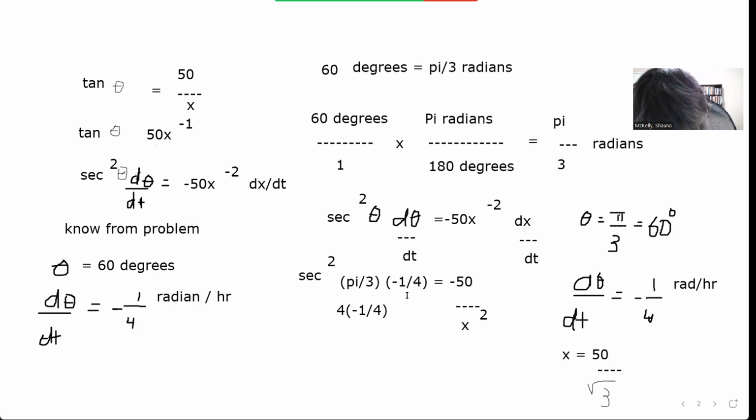So now x, remember, was the rate at which the shadow was changing, which is 50 over the square root of 3, right?